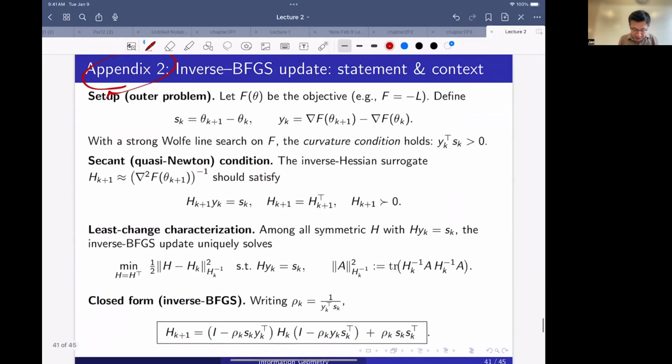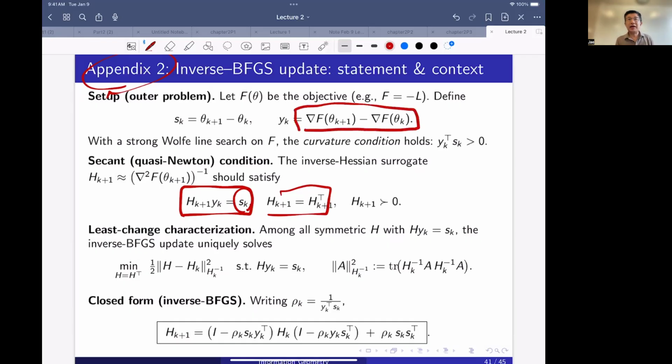The motivation is that you want to solve this. So what is this? Y is the change of your tangent function, and this is the Hessian, right?